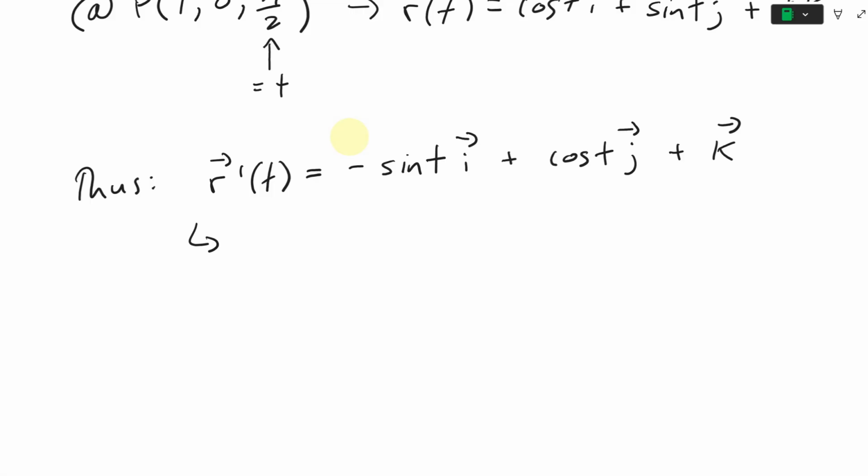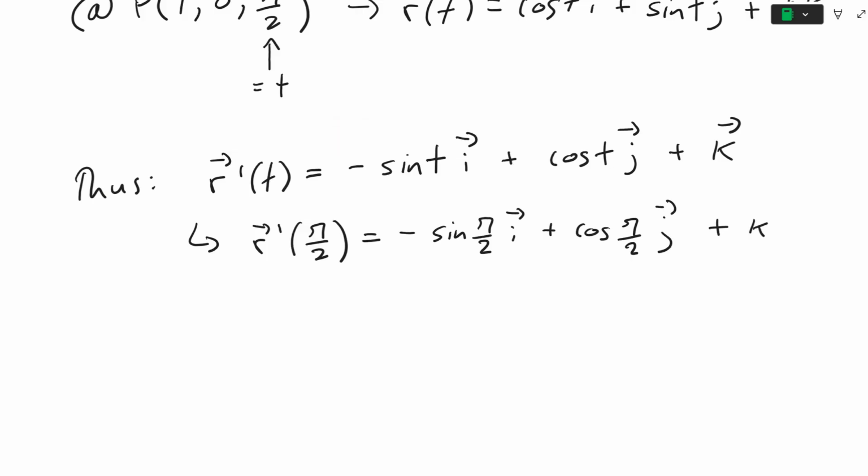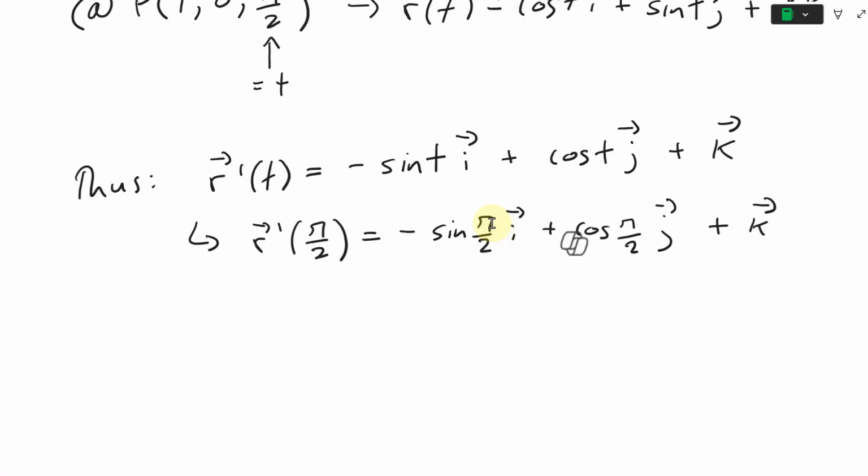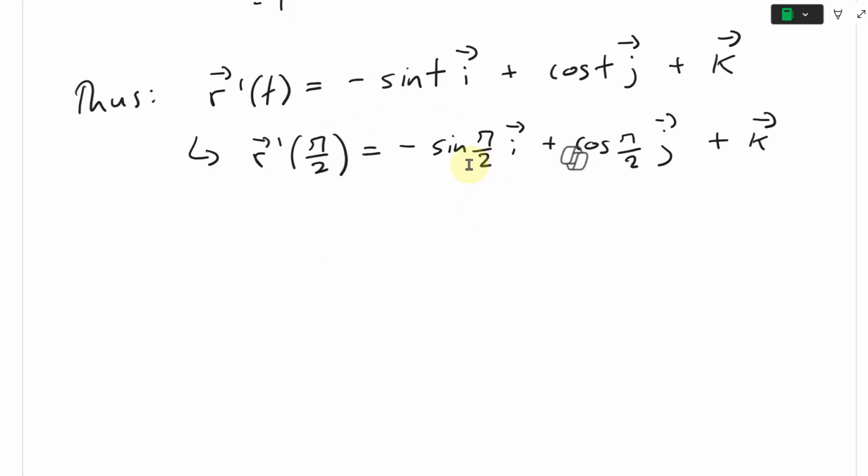So the actual vector at t equals pi over 2 is negative sine pi over 2 i plus cosine pi over 2 j plus k, which is just 1. Sine pi over 2, if you plug that in, just equals 1.